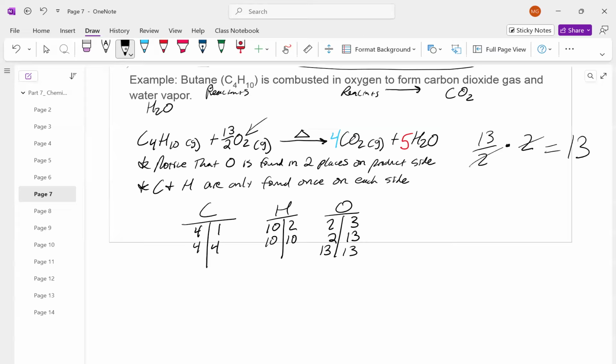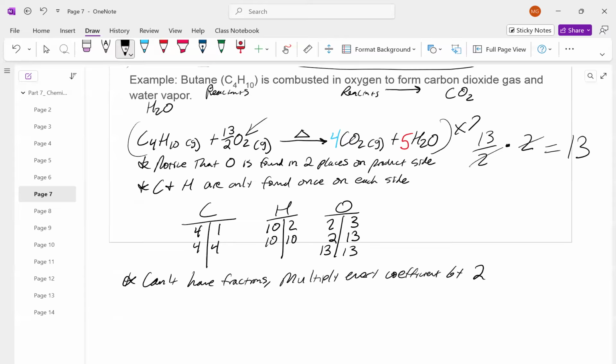I'm not going to leave it like this because, as I said on the previous page, one of the ground rules is we can't have fractions. So what I'm going to do is multiply every single coefficient by 2.